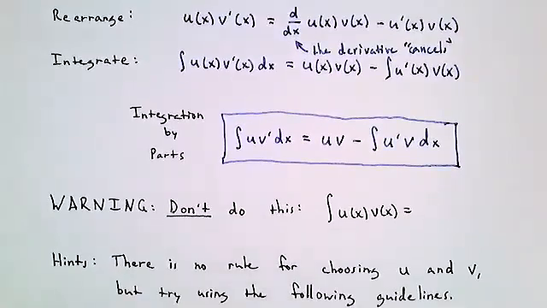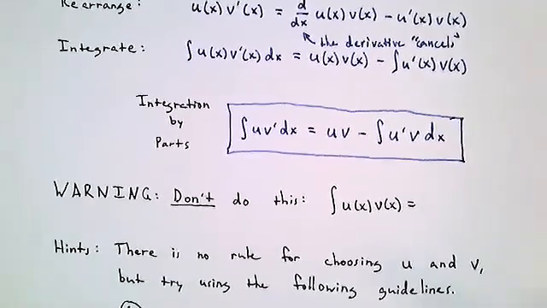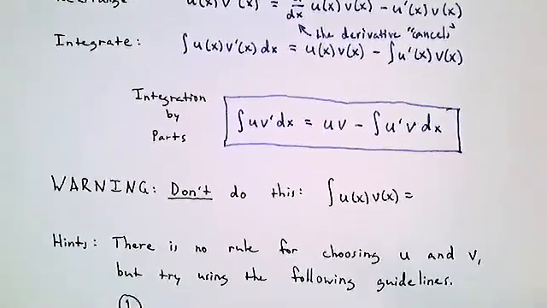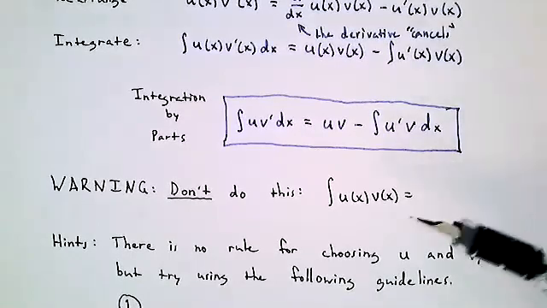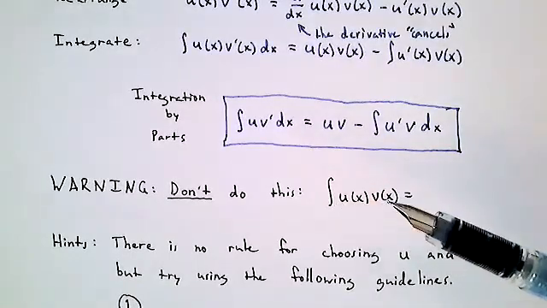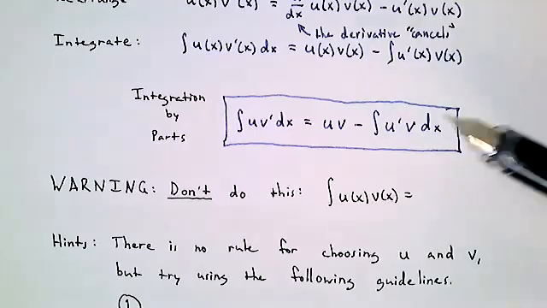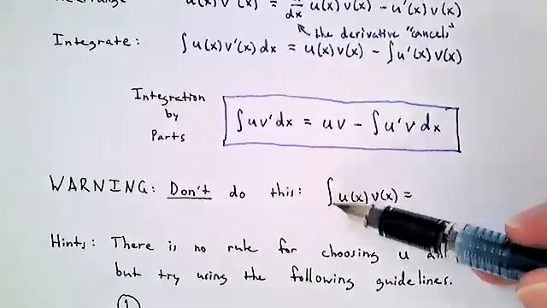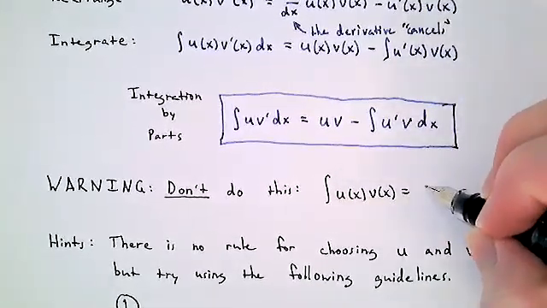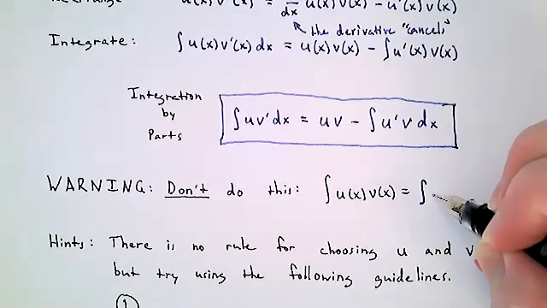But before we get there, I want to give you a big warning in all caps and then a couple hints for when you're working on these problems on the homework. So I know that some of you want to do what I'm about to write. If you start with this integral, I know a lot of you want to do this.